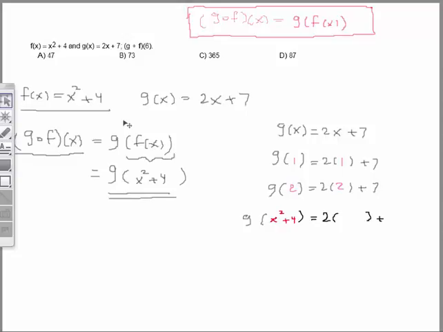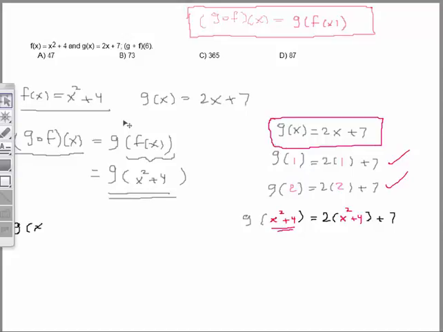Everywhere you see x, instead of those 1 or 2, you're going to substitute this value here, which is x squared plus 4. Can we understand this concept? So if I know g of x is equal to 2x plus 7, from there I can find g of 1, g of 2, g of anything. That could be an expression in this case.